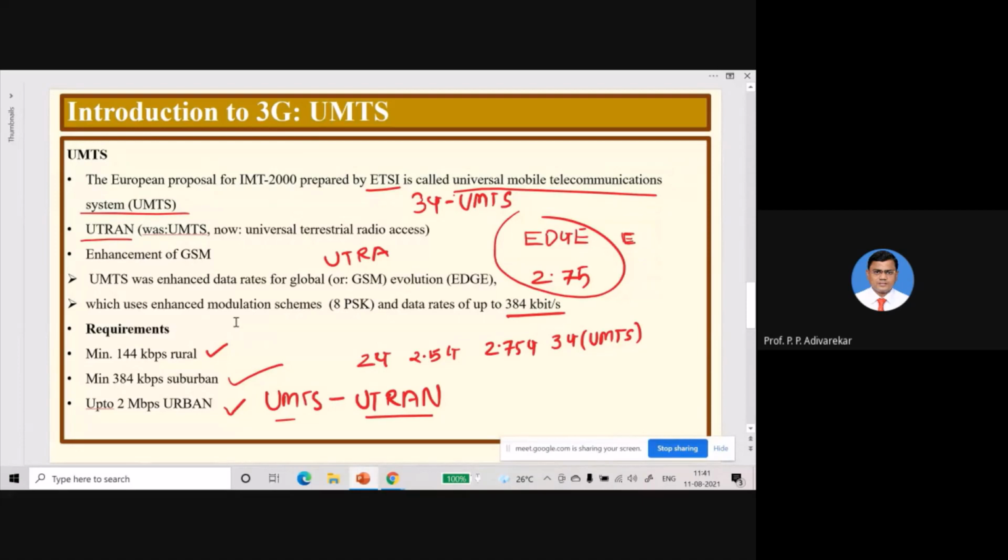UMTS is also known as UTRA, which is the new name for UMTS. Originally it was named the Universal Mobile Telecommunication System. Later on it was renamed, and now it is known as UTRAN, that is Universal Terrestrial Radio Access. So that's all for today.